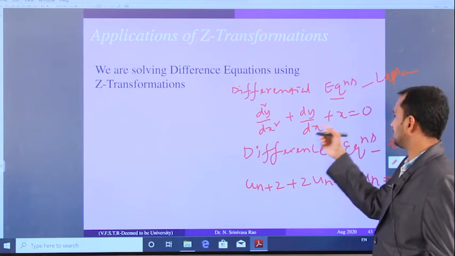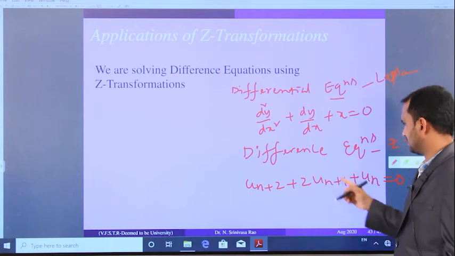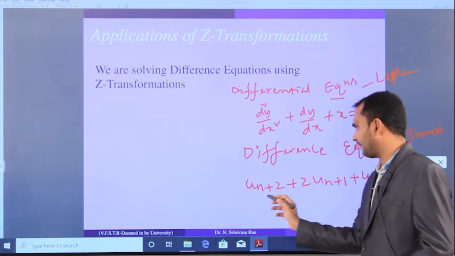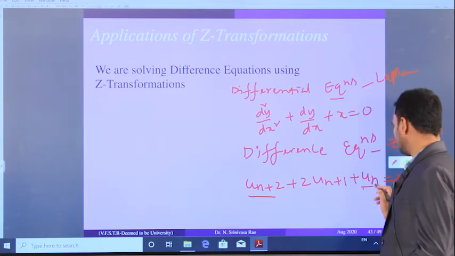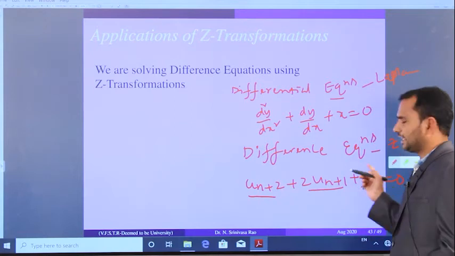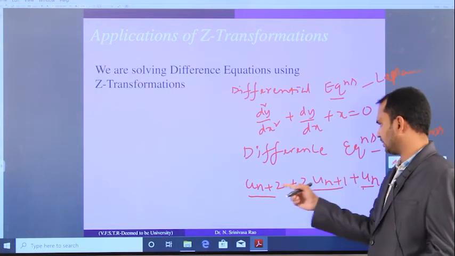It is an equation which contains sequences. The other is an equation that contains derivatives. This is called a differential equation. This is called a difference equation. In difference equations we have sequences. This is u n, and of course this is a shifting property of u n. This is a relation between recurrent sequences, u n plus 1, u n plus 2.